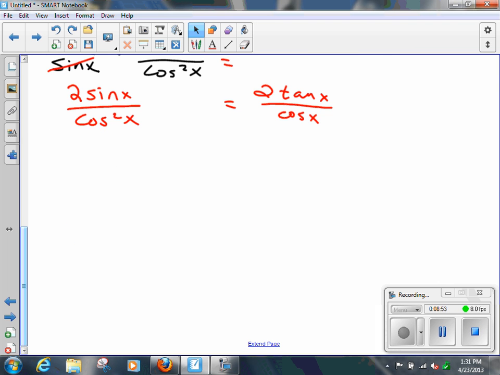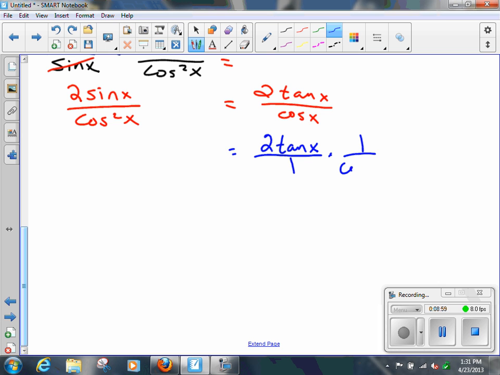Can I make you believe something here? Okay, you're right. I'm just working on the right side for whatever reason. Just watch what's going to happen. Do you guys agree that 2 tangent x times 1 over cosine x is 2 tangent over cosine? Do you guys buy that? Is this true? Does this product equal that right there?